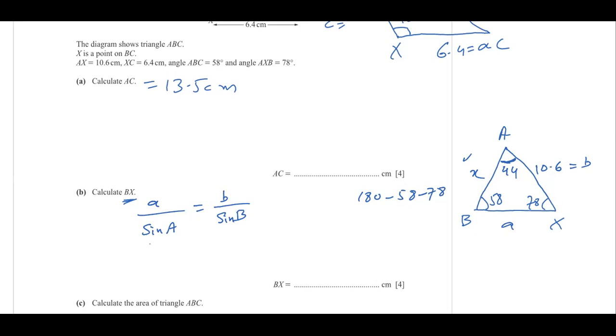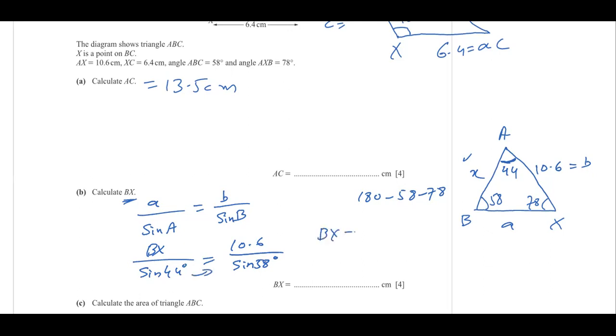So I will say this one is A. A is what I need to find. This is BX actually. BX over sine of A, sine of 44, equals B, 10.6, divided by sine of B, sine of 58. So what will be BX? I will shift it to the other side.